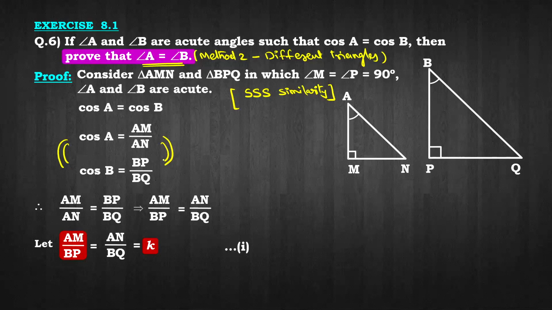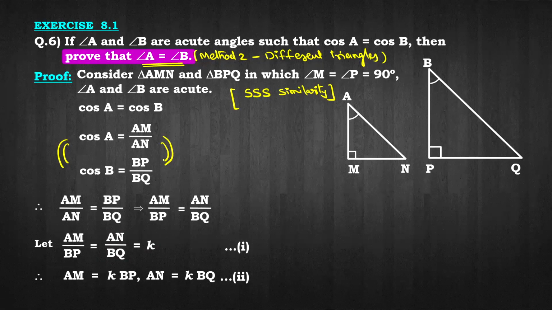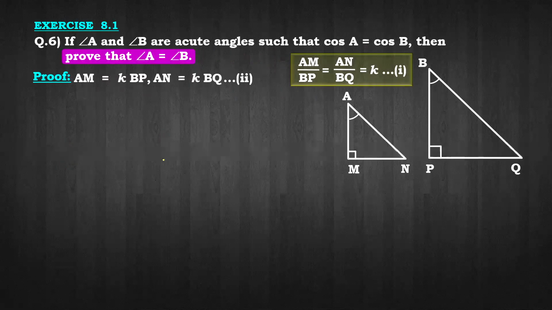Now since AM by BP is equal to K, we can write AM is equal to K times BP. Now AN by BQ is equal to K, therefore we can write AN is equal to K times BQ. Very good. That is the second equation. Now we are going to use this first and second equations.